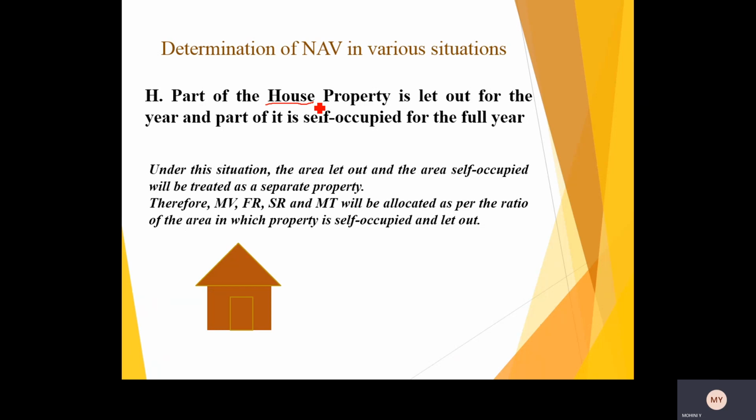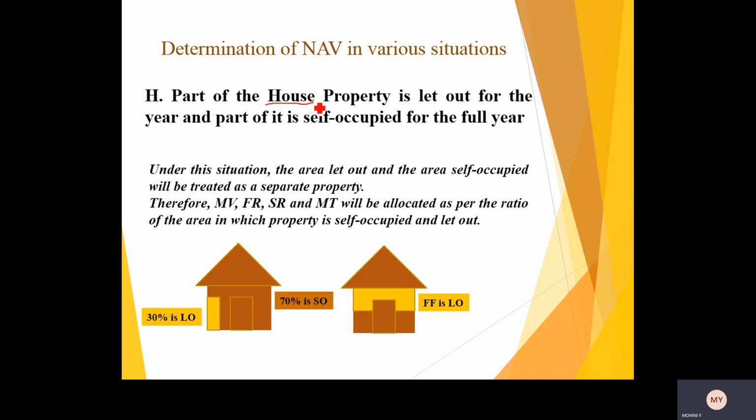So for instance, this is your house property, out of which 30% you have let out and the remaining 70% is self-occupied. Suppose in this case, the first floor is let out and the ground floor is self-occupied. So in both the cases, whatever the part is there, 30% will be treated as a separate property and 70% will be treated as a separate property. In this case, the first floor is separate and the ground floor is separate.